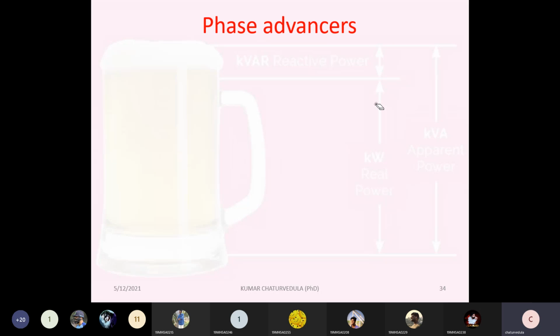All these components vary with respect to slip. Frequency Fr is equal to S into F, the relationship between running frequency and supply frequency. So slip is the key parameter.